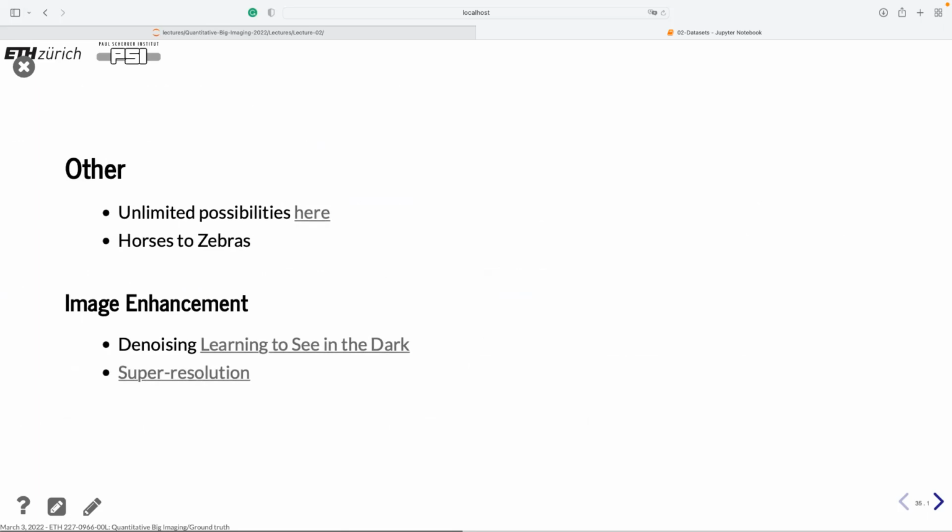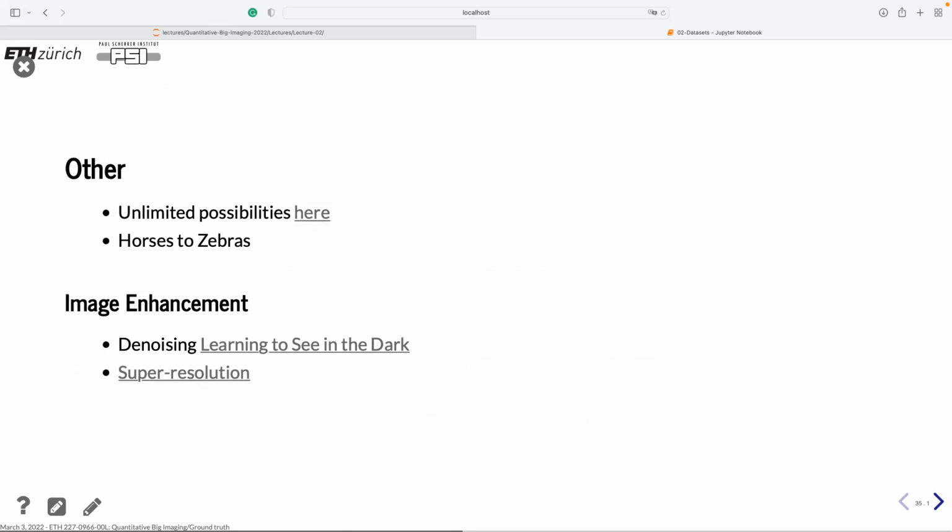Other possibilities, well, there are a lot of different possibilities in looking at why you need the data, which kind of data you can work with. There is one example here, making horses into zebras if you want. So there is some algorithm that actually converts a horse picture into a zebra picture.